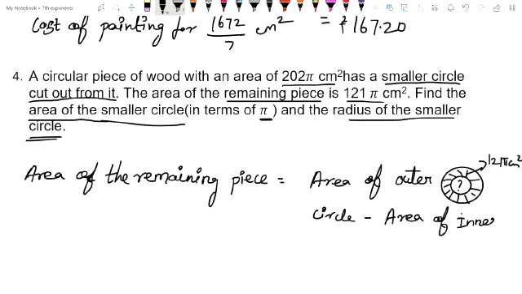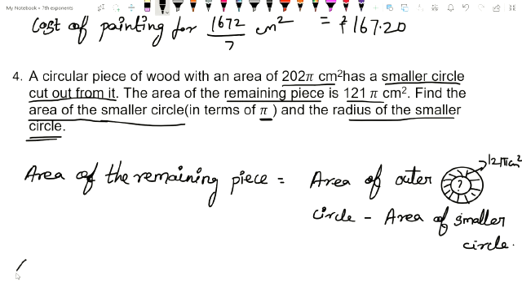Inner means here smaller, so you can take it as the smaller circle. We need to find the area of the smaller circle.